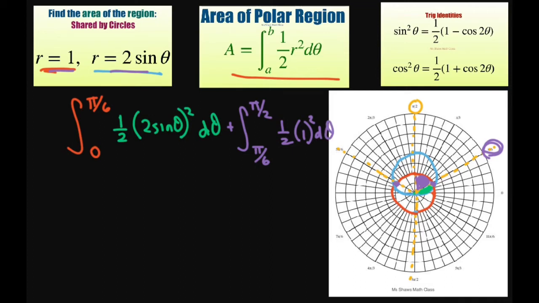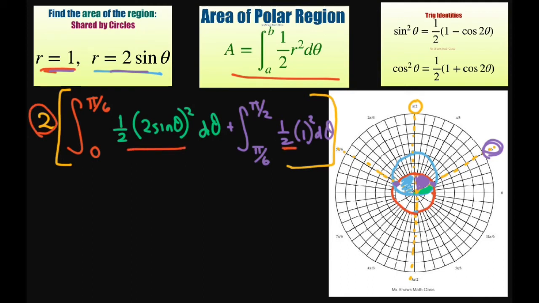Also, since we're only getting half of the area, because remember we have this half as well, we're going to multiply this whole thing by 2. If you notice, when you multiply by 2, each of these 1/2s are going to go away.